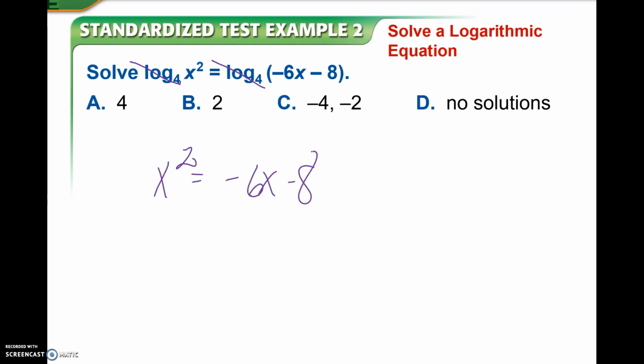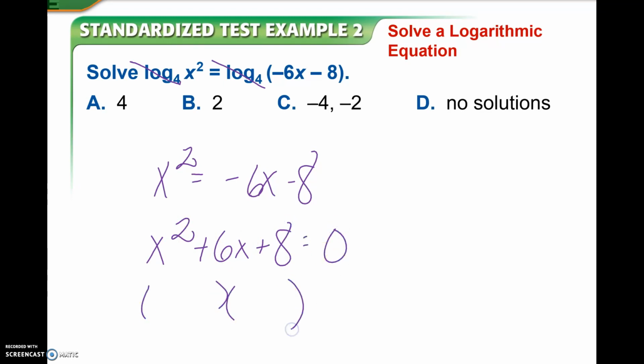So I can add the 6x and the 8 over. So I'd have x squared plus 6x plus 8 equals 0. And then we can factor that. What multiplies to be 8 and adds to be 6? 2 and 4. So x plus 2, x plus 4. If I put those equal to 0, it would be negative 2 and negative 4.